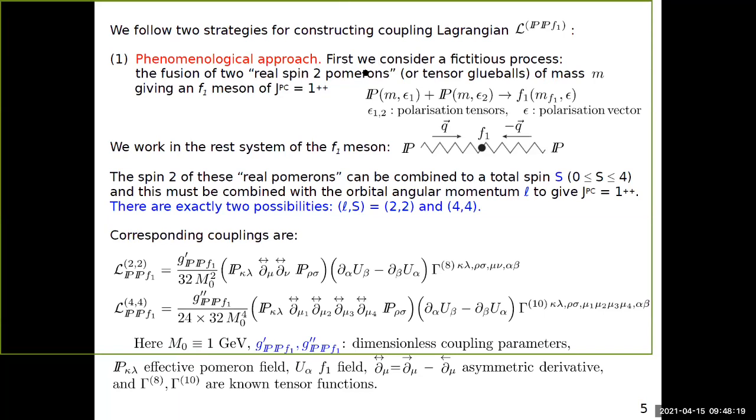You can also call this a tensor glueball of mass m. And then we ask it to give an F1 meson with spin parity and charge conjugation 1++ for the F1 resonance. So here is our reaction. M is the mass of the fictitious Pomerons, epsilon1, epsilon2 are polarization tensors, and epsilon is the polarization vector.